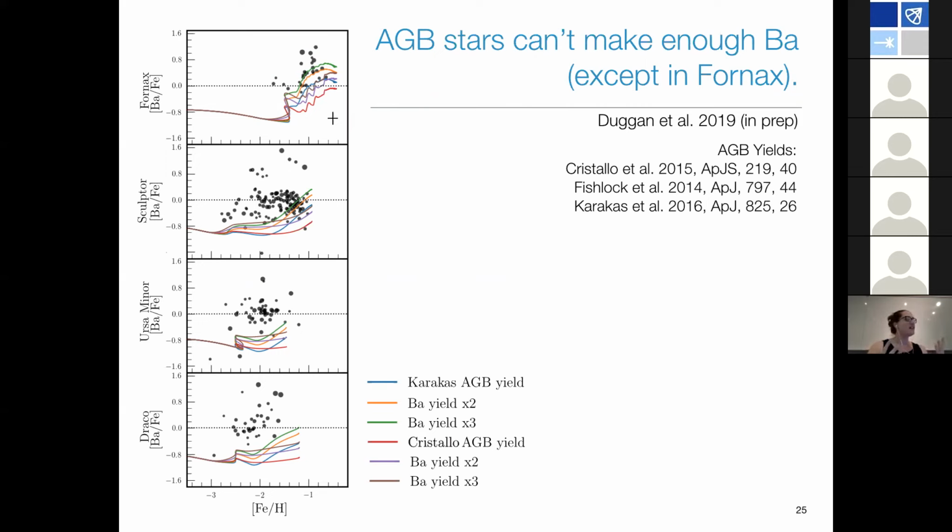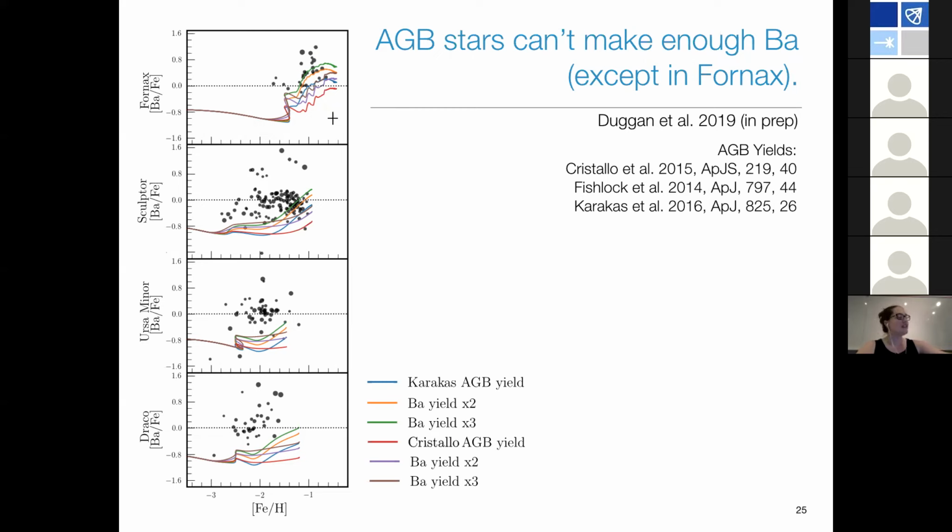And so my conclusion is no. If I kept cranking up the yield, perhaps I could get this forest of lines to match the observations, but I think we would have to crank it up to unphysical levels, since these two different models agree within about these factors.